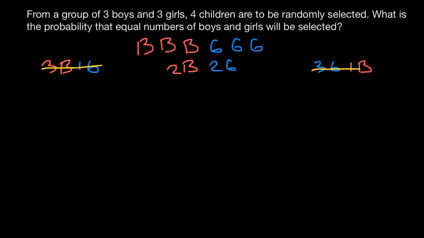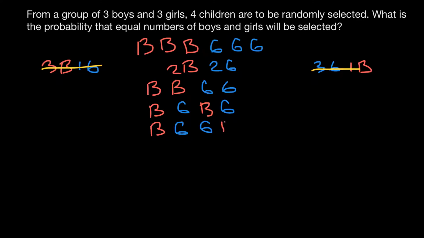So we just exclude this variant from our calculations. Now let's find how many different combinations we can get choosing 2 boys and 2 girls. For example, one combination can be first child a boy, second a boy, then 2 girls, a girl and a girl. Another variant would be boy, then girl, then boy, and a girl. Another variant would be boy, girl, girl, and a boy.